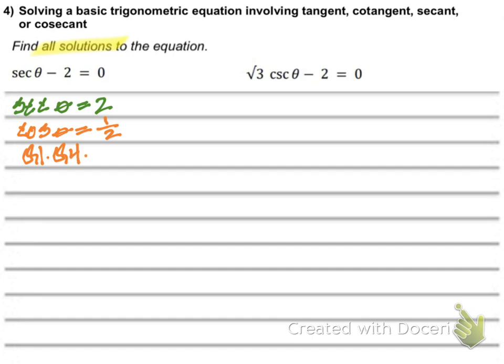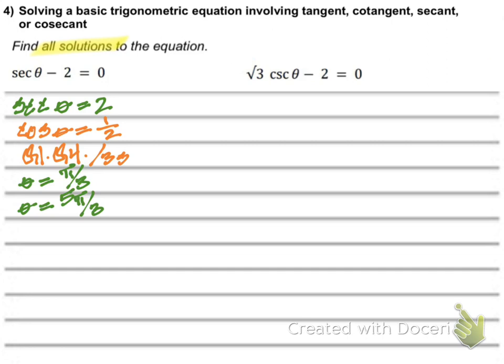And the x-coordinate is 1/2 for my family of over 3s. So in quadrant 1, my over 3 is pi over 3. In quadrant 4, my over 3 is 5 pi over 3. Are they pi apart?